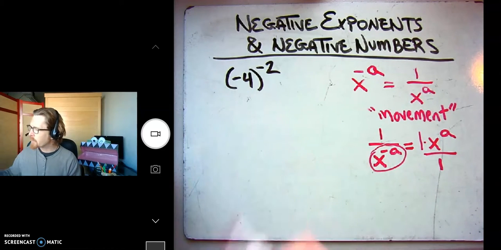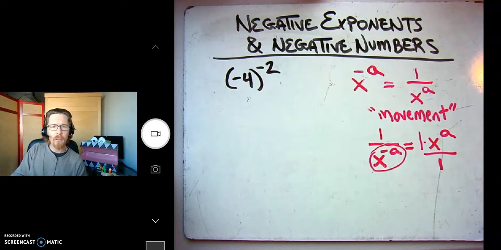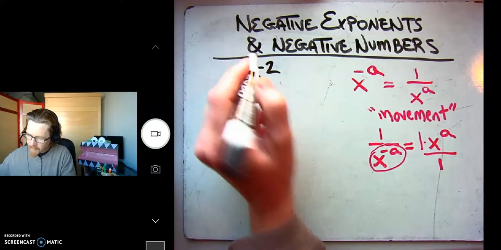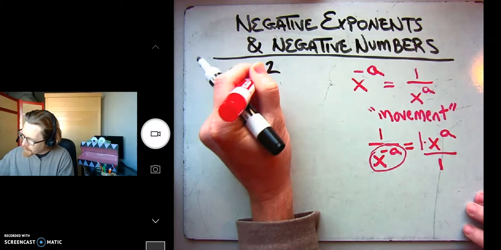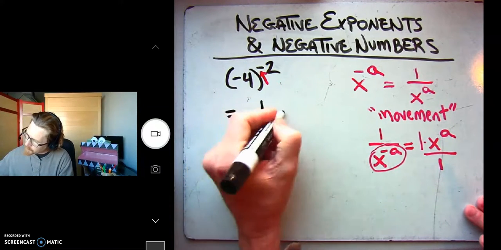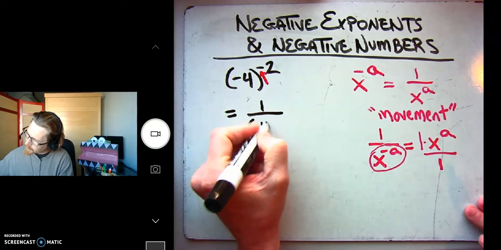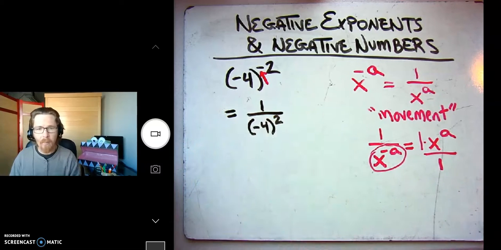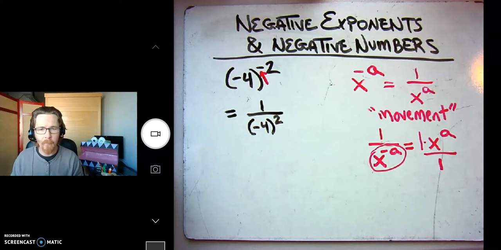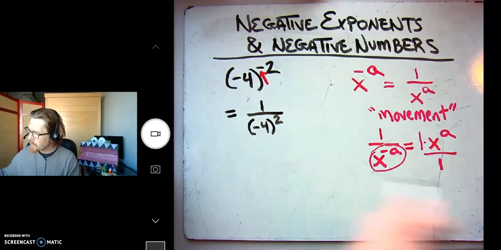So going back to our example, negative 4 to a negative 2 power, well, the first thing I'm going to do is apply that negative exponent rule, and I'm going to rewrite this. So this is really 1 over negative 4, and it's now become a positive 2. So that negative exponent took the term and moved it down. Now we're going to apply our exponent rule as regular.